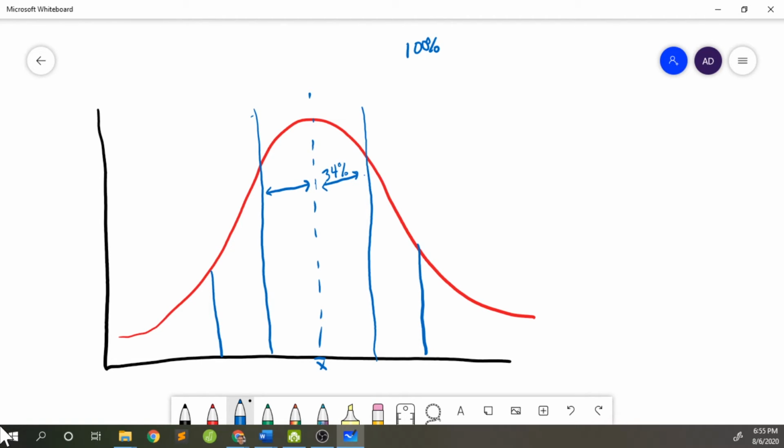Another 34%, since they're symmetrical, is below. So that means in total, plus or minus one standard deviation gives you 68 and change percent of the data.